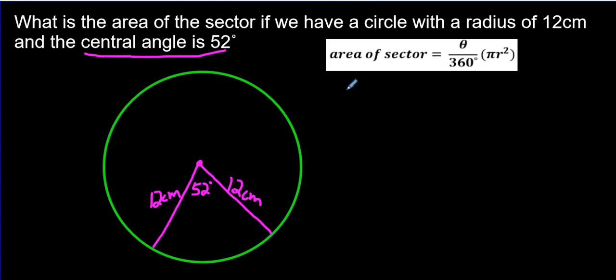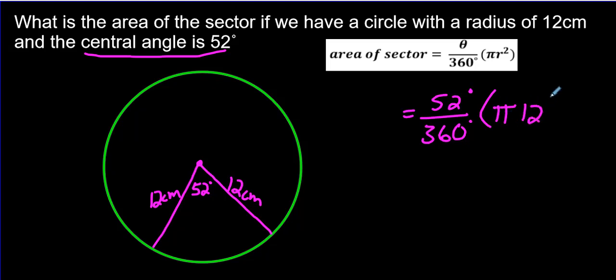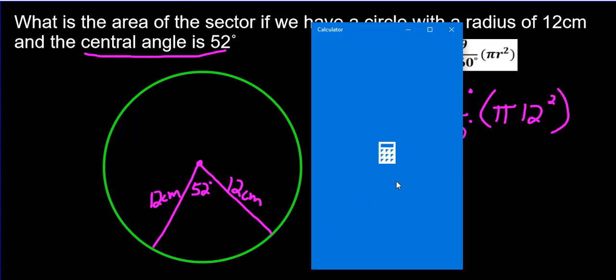Okay, so the area of the sector would equal 52 degrees over 360 degrees, and then you multiply that by 3.14 times 12 squared. I'm going to have to use a calculator for this.